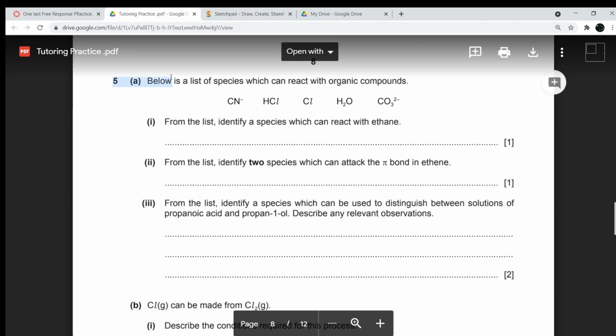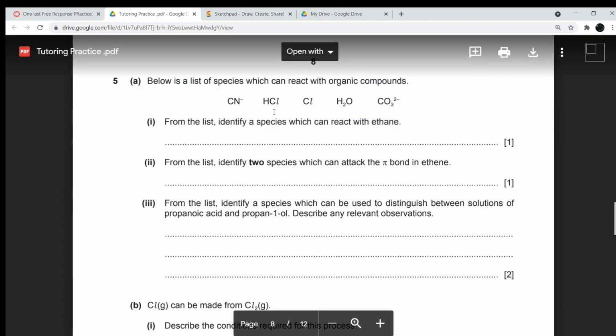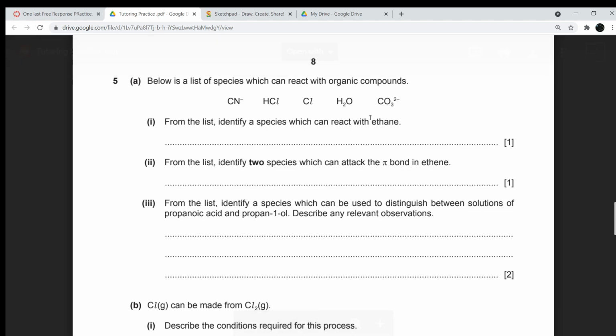So here for question 5, this is the one that I want to go ahead and start on because the organic stuff is fresh in my brain. It says, list which of these species reacts with ethane. Ethane is an alkane, and the only thing that reacts with an alkane is a chlorine free radical.